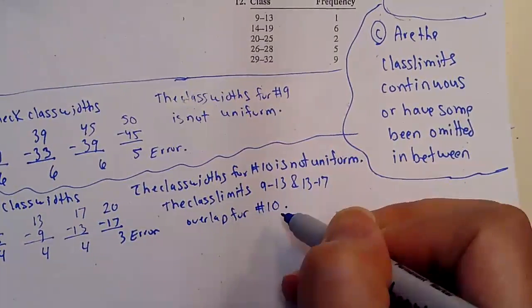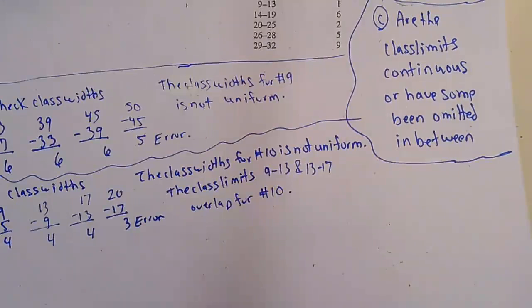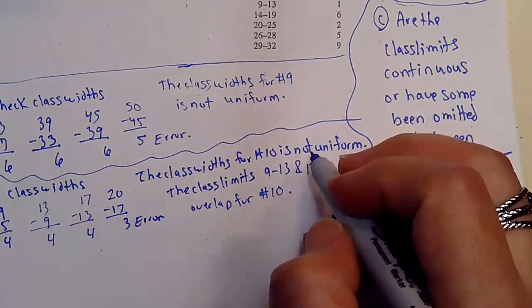If that happens on your quiz, you have your template. When we take quiz number 2, you'll have a quiz template. If that's the reason, you need to also show your work. You need to write me a sentence. Just because you check that off, you have to specifically tell me where the class limits overlap. So it's the 9 to 13 and 13 to 17.